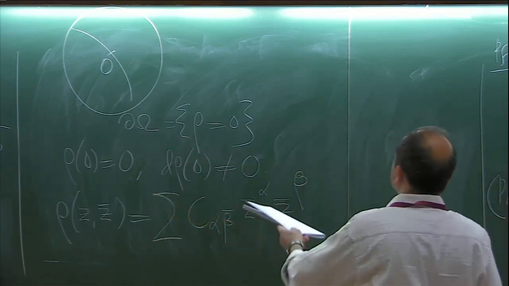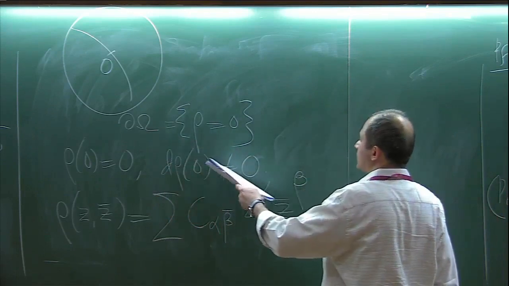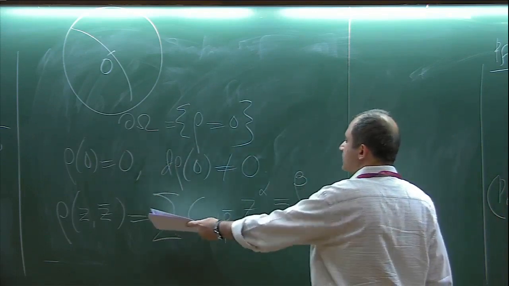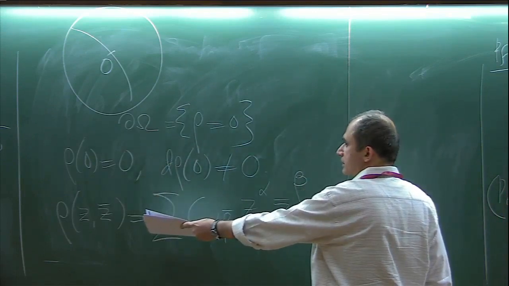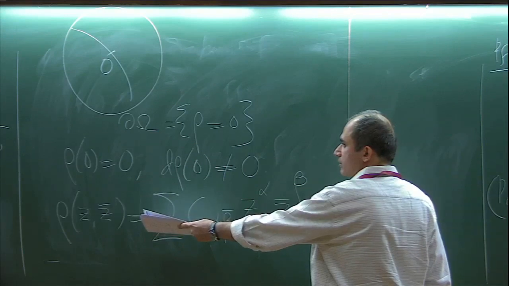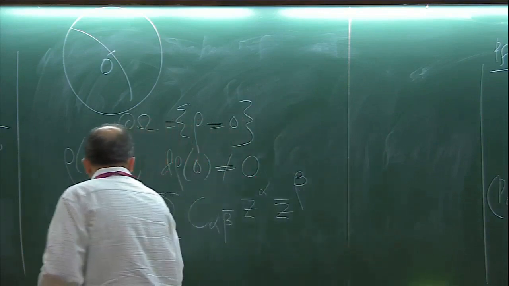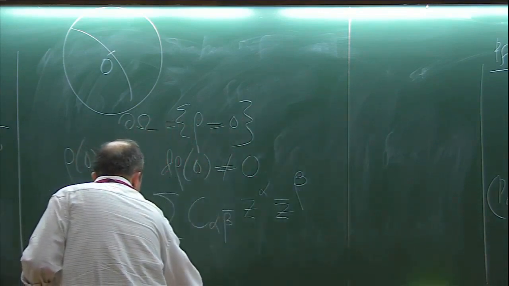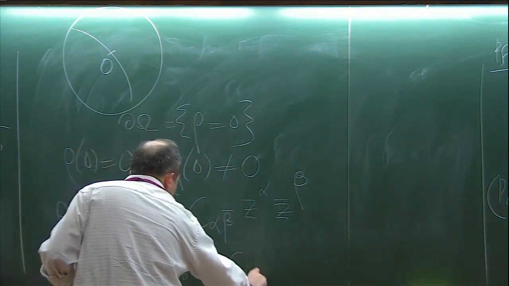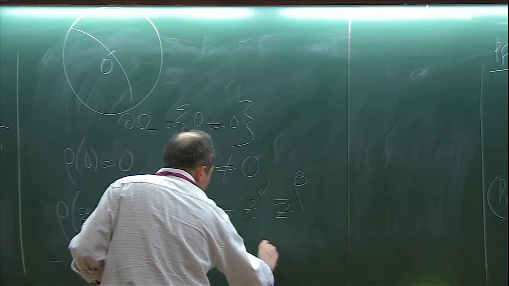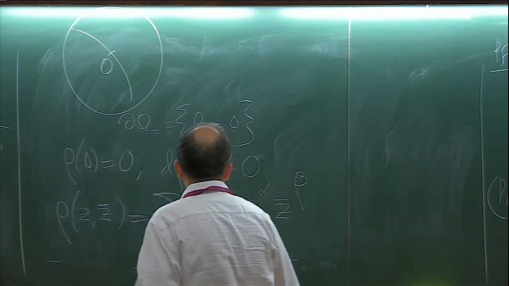And because I'm assuming that the gradient is non-vanishing at the origin, there are going to be linear terms in this expansion. And the moment you have linear terms, it's going to look like this: C10 z plus C01 z bar plus higher order terms.